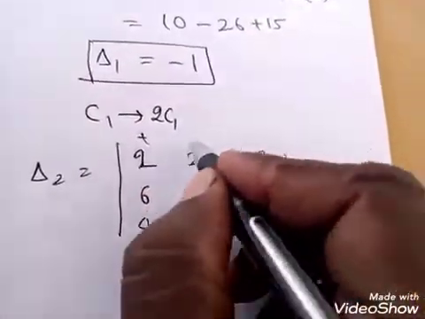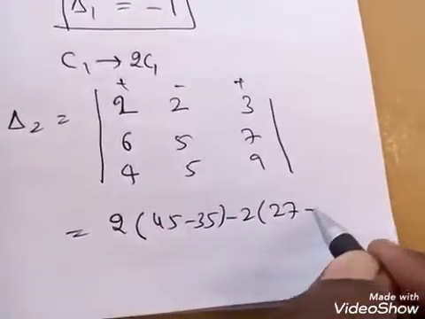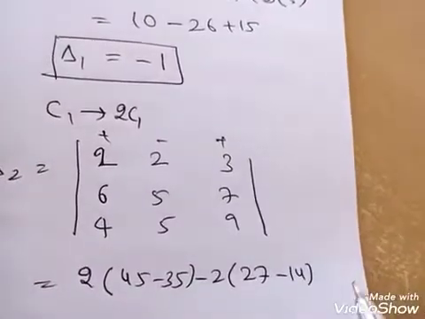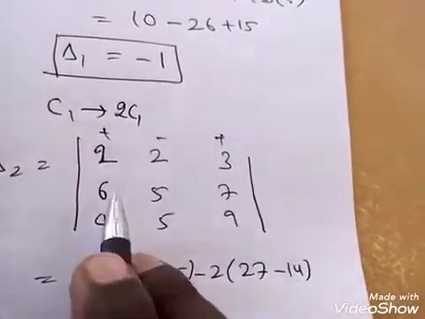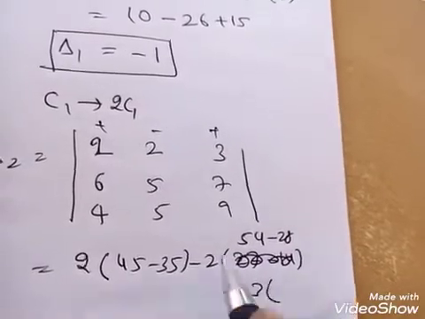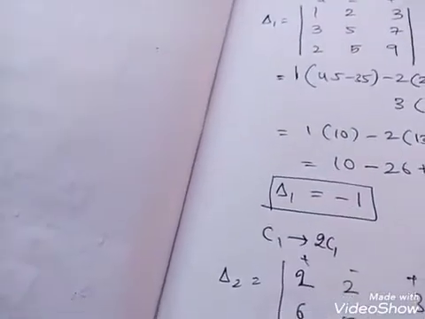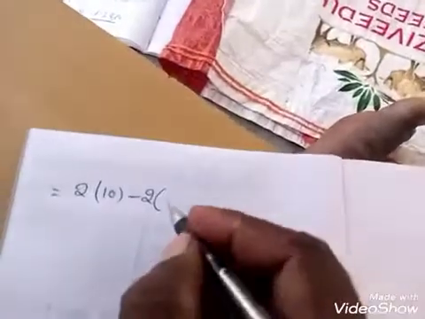Expanding with plus, minus, plus: 2 into (45 minus 35), minus 2 into (6 nines are 54, minus 28), plus 3 into (30 minus 20).